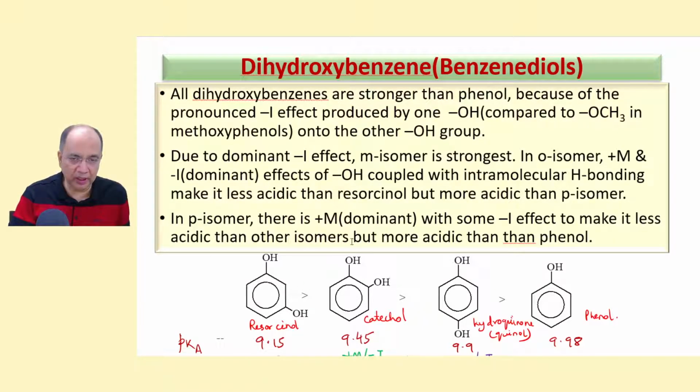There is an intramolecular H bonding which will not allow a good dissociation of the one OH group, and of course there is a minus I effect that will make it more acidic than para and phenol and less acidic than resorcinol. In the para isomer, there is a dominant plus M effect with some minus I effect that will make it less acidic than others but more acidic than phenol.